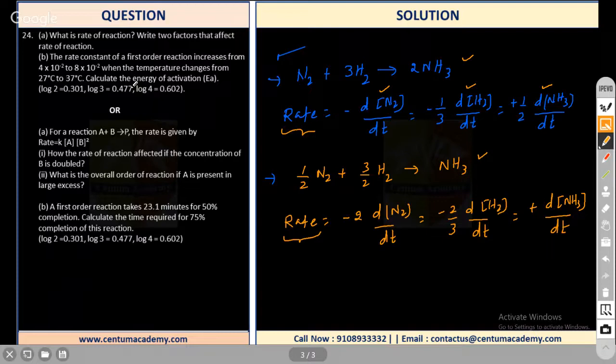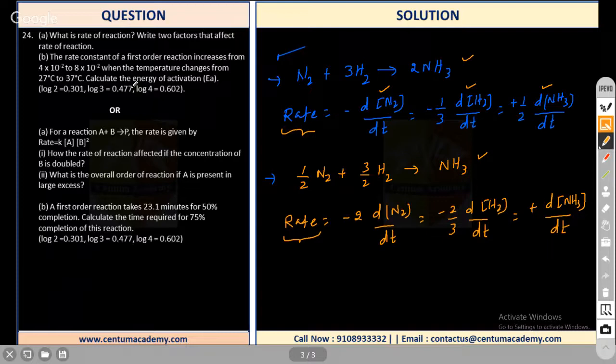Is it, do we have calculation in this? The correct answer is around 535 kilojoule. 535 point something, it is around.